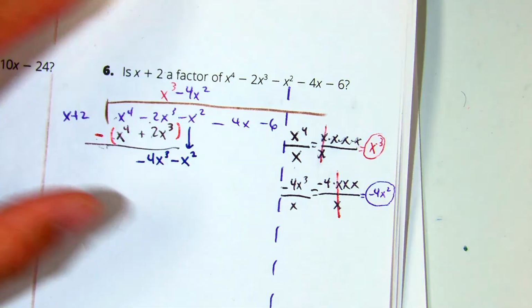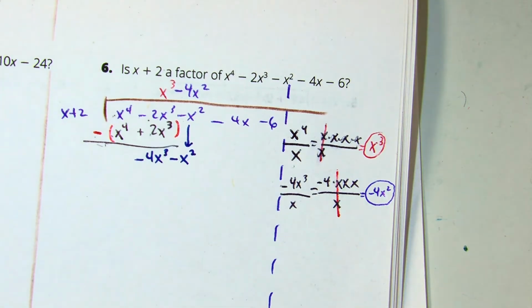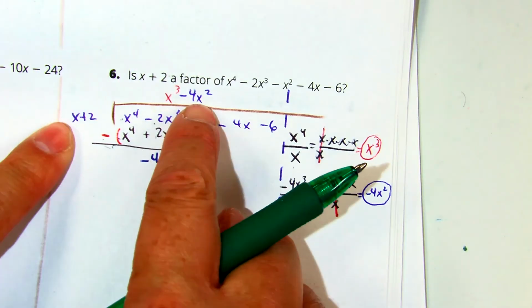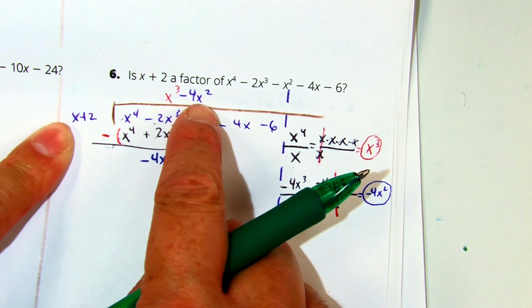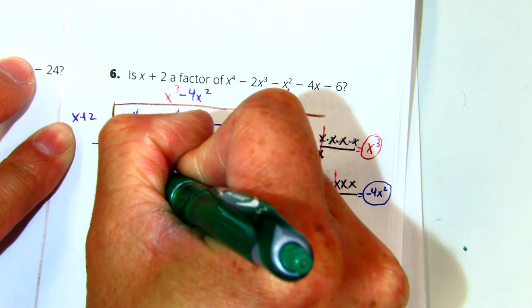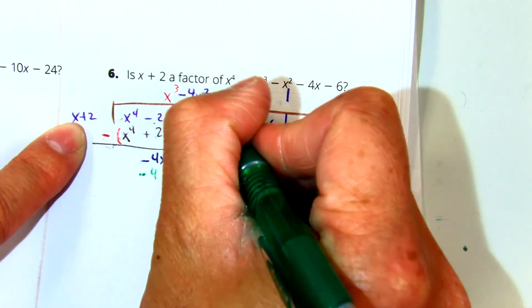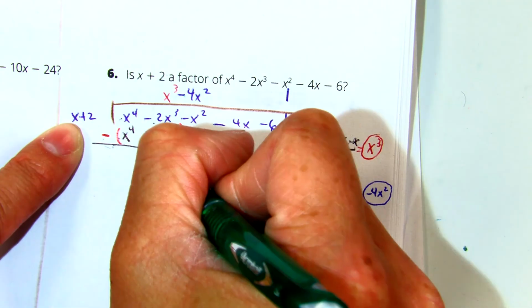Okay, we just did division. What's next? Let's multiply. Negative 4x squared times x. Negative 4x squared times x is negative 4x cubed.